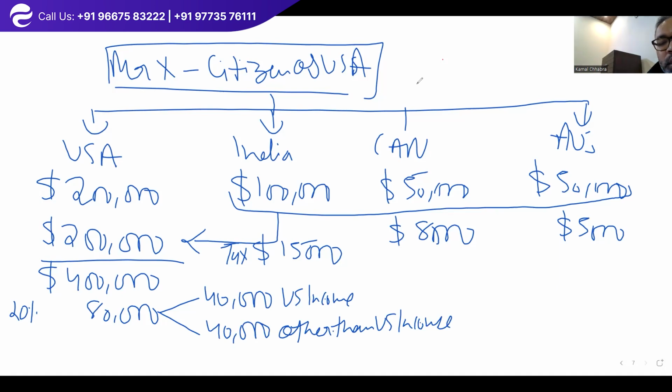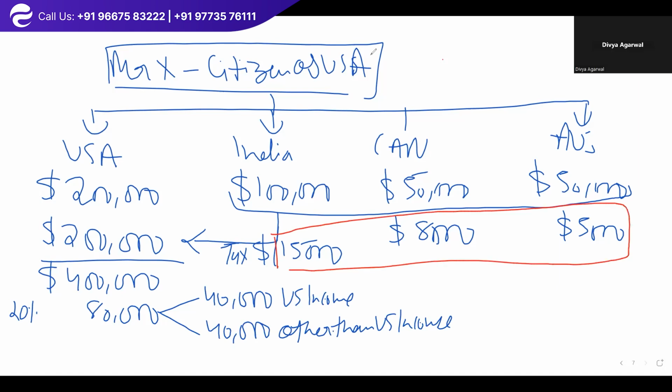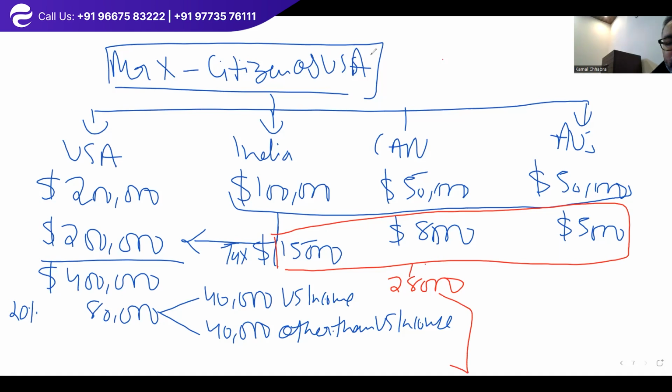What is the total amount of taxes they have paid outside the US? 28,000. So they can take the credit of this 28,000 here, and on this they need to pay only 12,000 taxes.